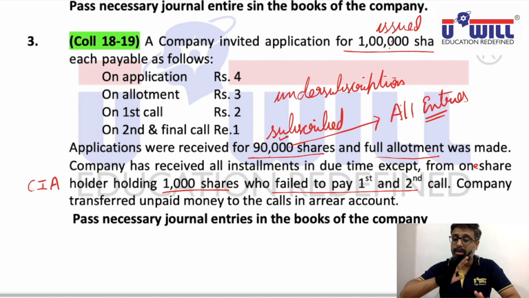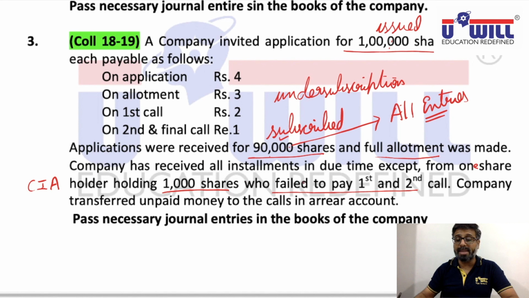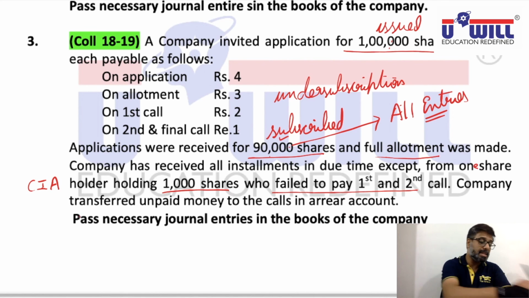Second entry, again 2 bank will not come. Company has received all installments in due time except from one shareholder holding 1000 shares who failed to pay first and second calls in arrears. Now you must be able to do on your own as previous question. Company transferred unpaid money to calls in arrears account, same like previous questions. Pass necessary journal entries in the books of the company.